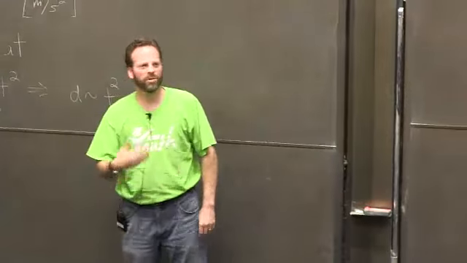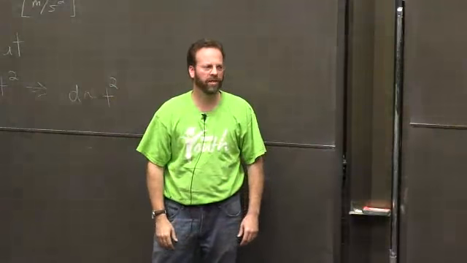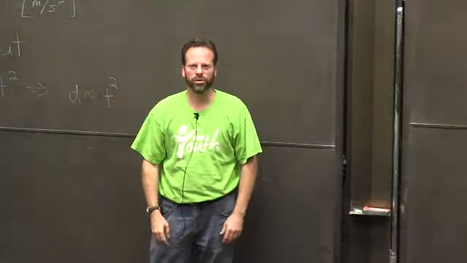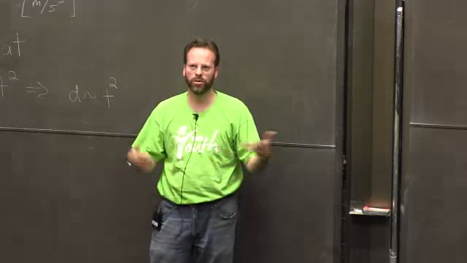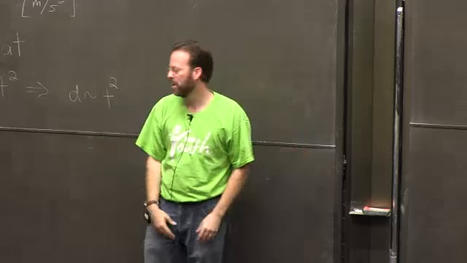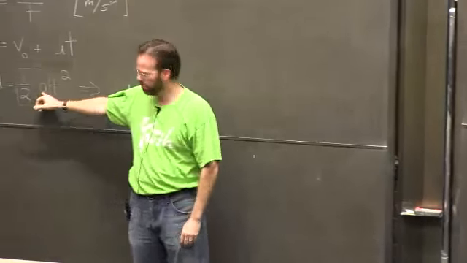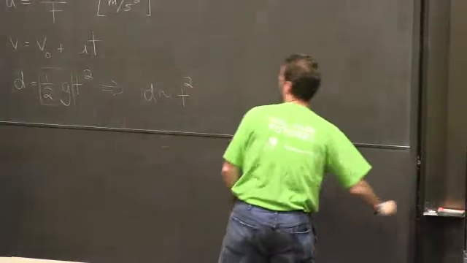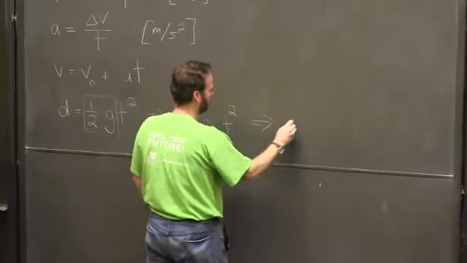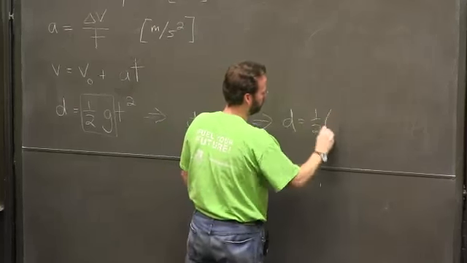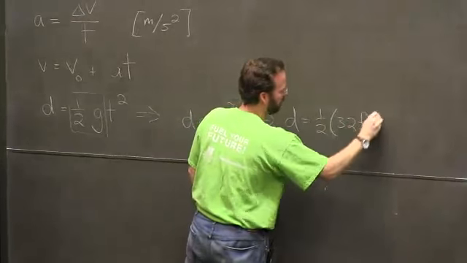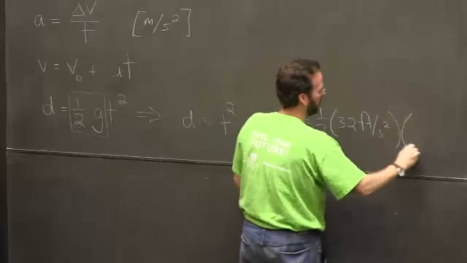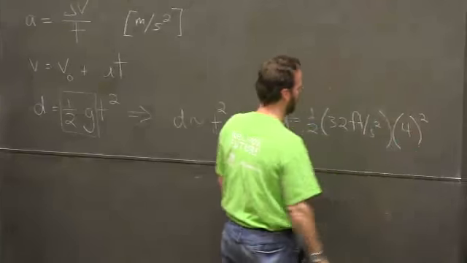So, a meter is 3.3 or 3.28 feet, so you can convert. We'll just round to 3, 80 times 3, 240-ish feet. But let's see. If this was 32 feet per second squared for 4 seconds, 16.